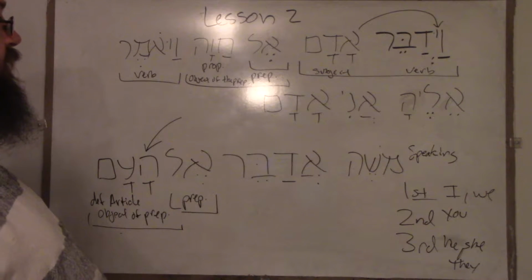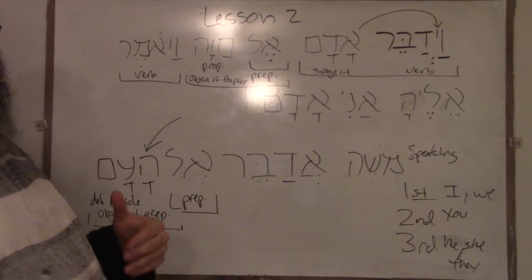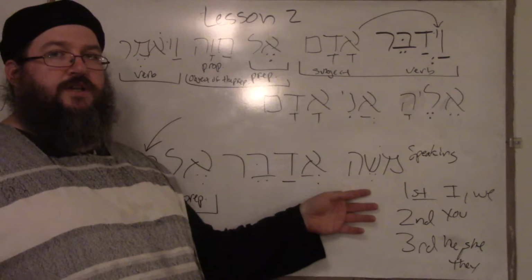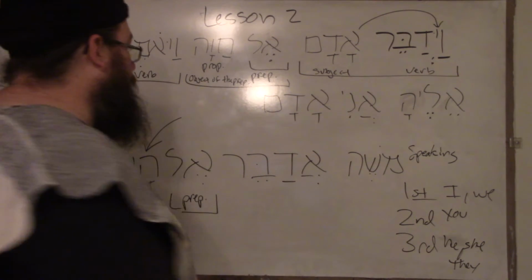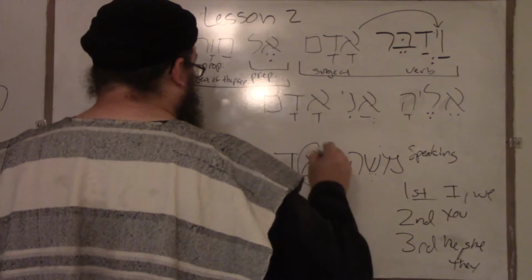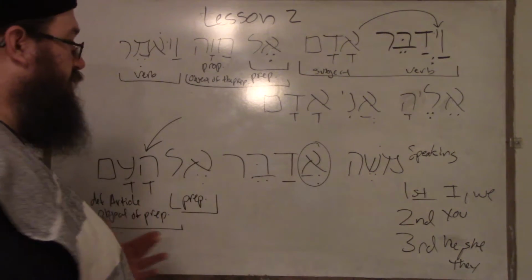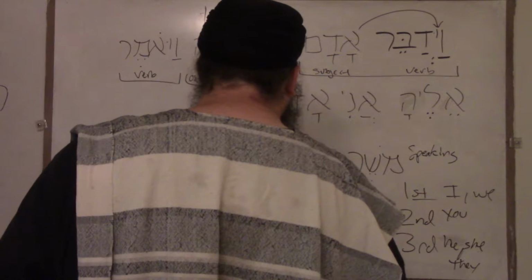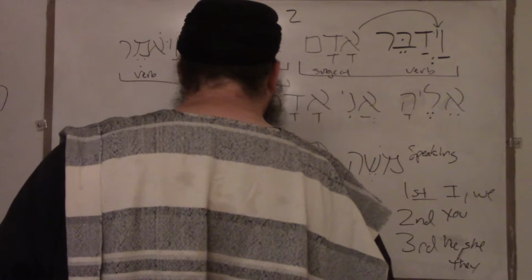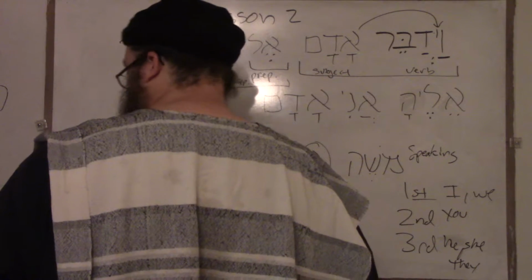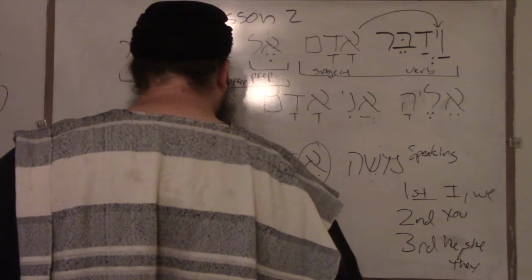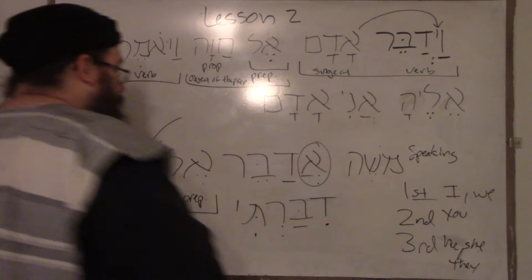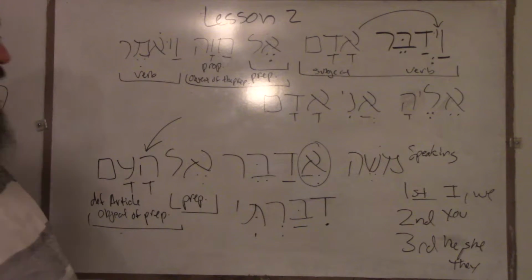So, when Moshe wants to speak about himself, you will use the first person just like you normally would. So you have to think about this, where's the pronoun? Okay, whether it's past or future. So whether he's saying in the past tense, Dibarti, I spoke.